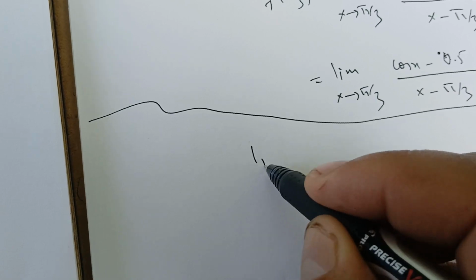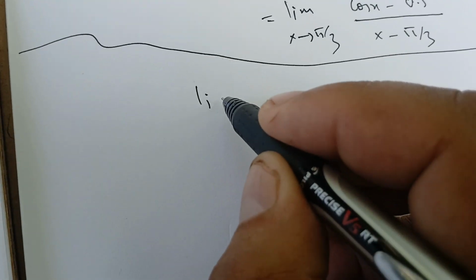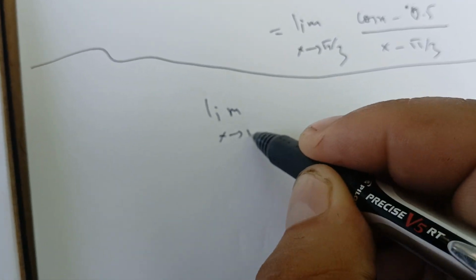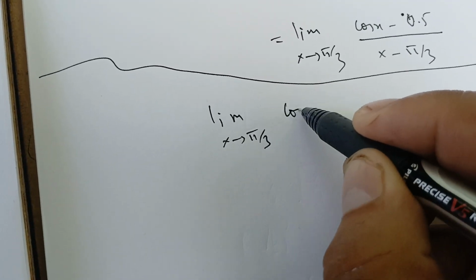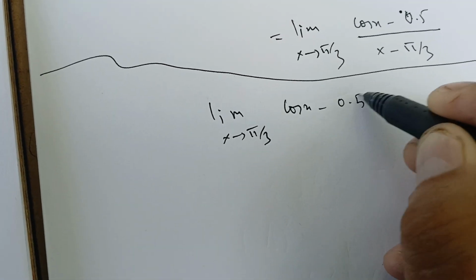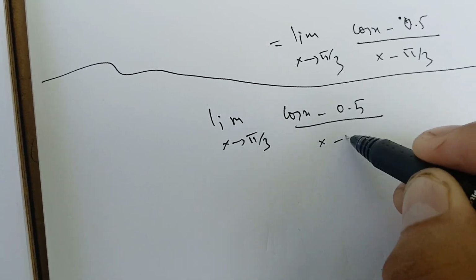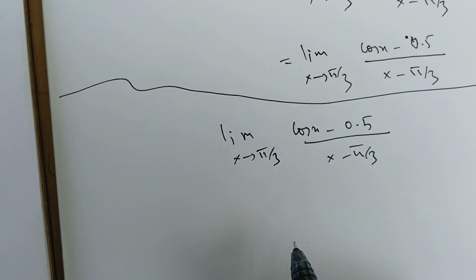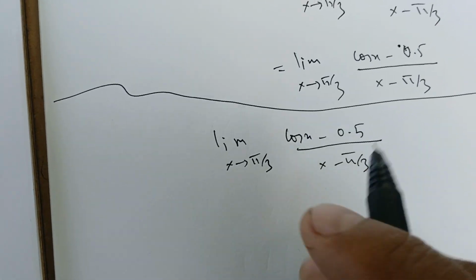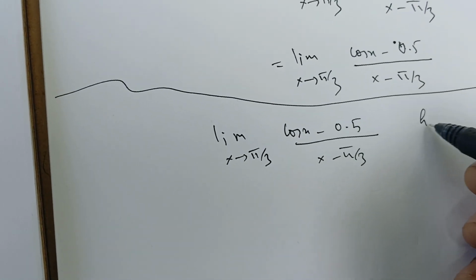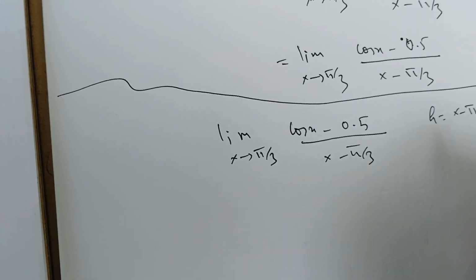So this limit as x goes to pi over 3 of (cosine x minus 0.5) over (x minus pi over 3) can be worked in this manner. We're going to change this to make it easier. Let h be x minus pi over 3.